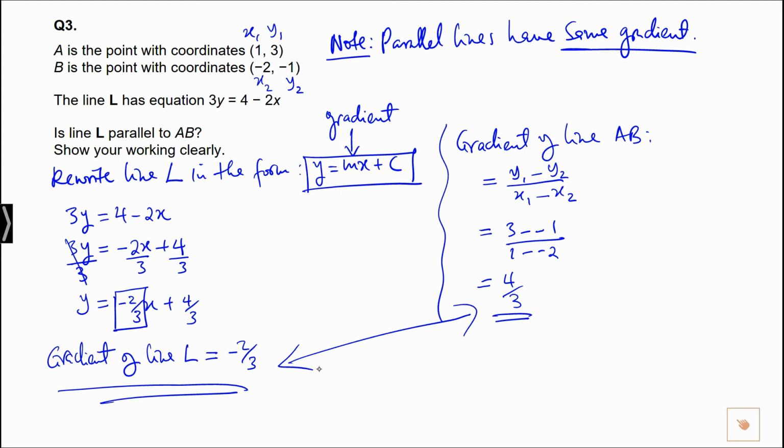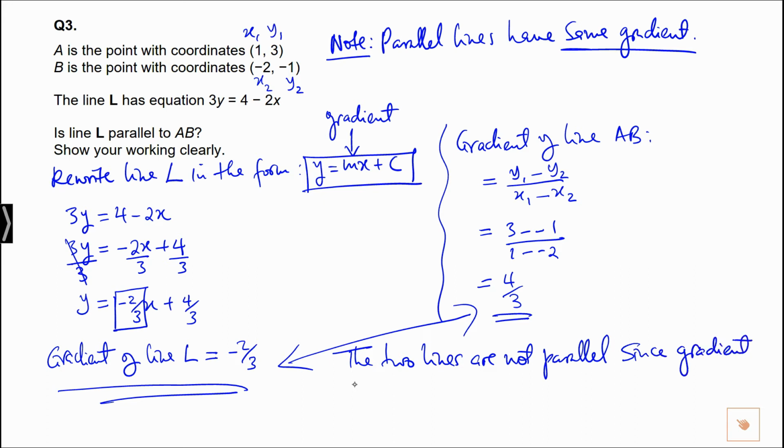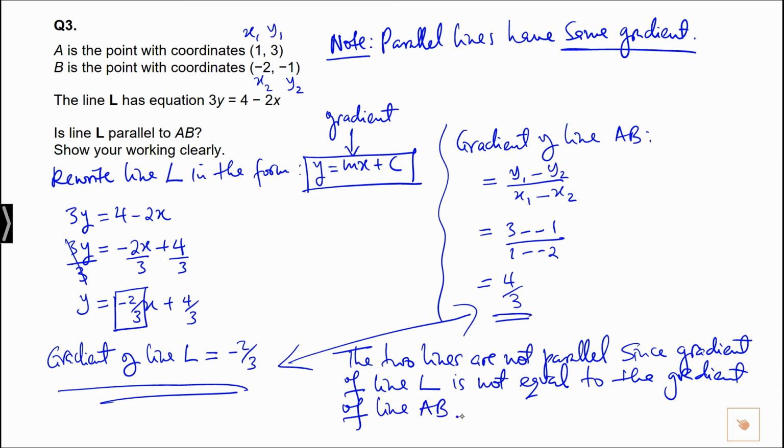So we can say that the two lines are not parallel, since the gradient of line L is not equal to the gradient of line AB. That's it.